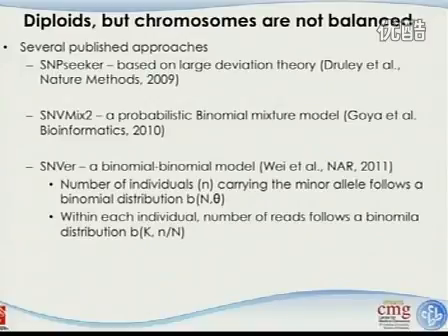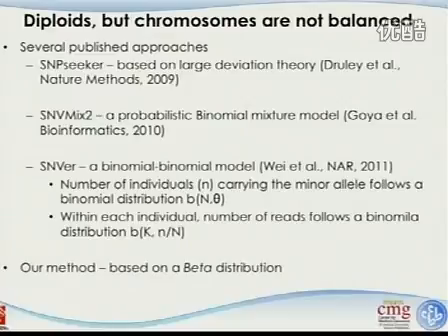So there are so many individuals, and how many individuals carry it follows a binomial. But within one individual, the number of reads follows a binomial distribution as well. So there are two levels of binomial models. I assume the calculation should be very quick. I haven't tried it, to be honest. This just came out not long ago.